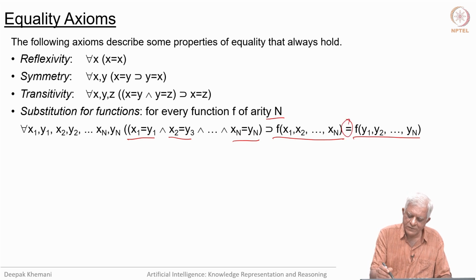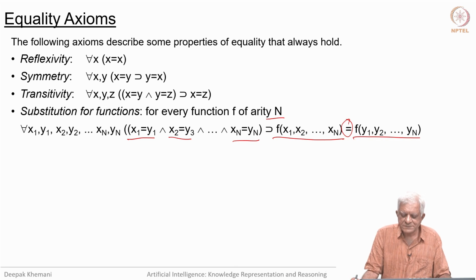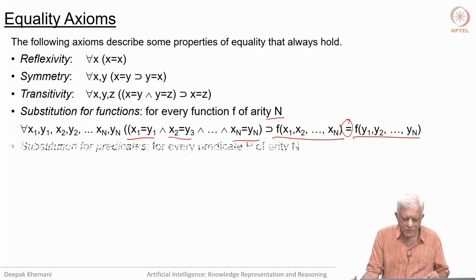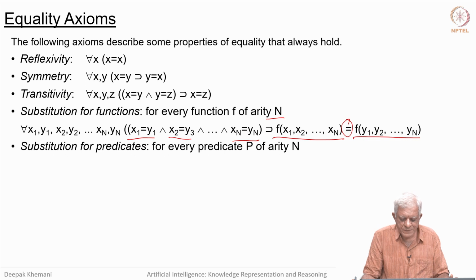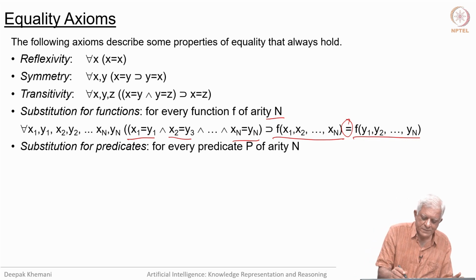Why do we use equal to here? Because these are terms, essentially these are not formulas. And we will see that this kind of thing plays a useful role. For the example that we are looking at, we will need substitution for predicates.